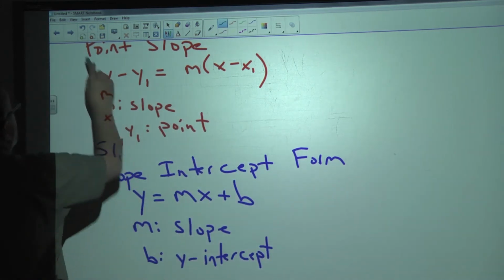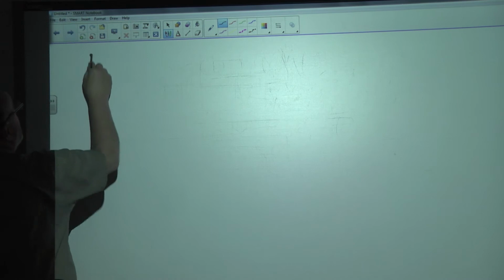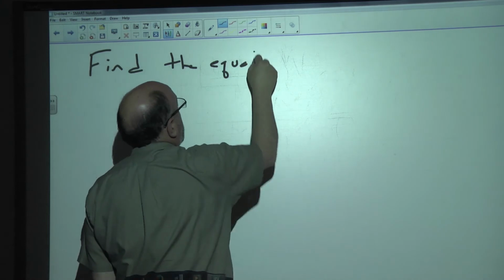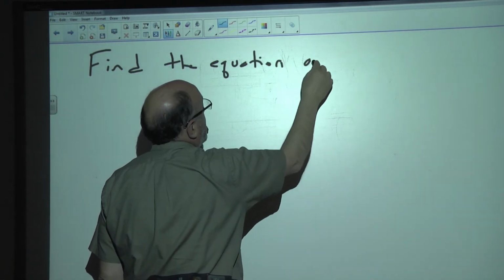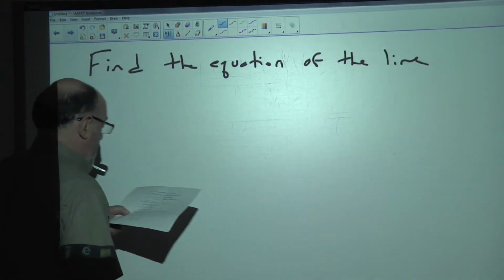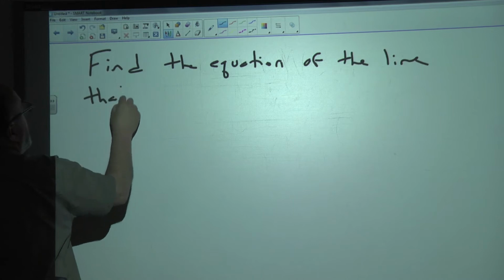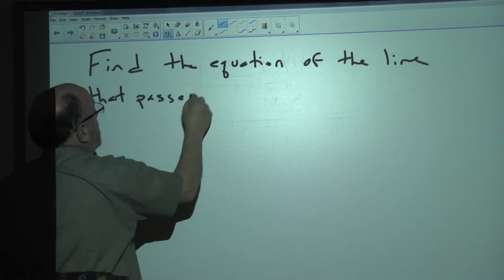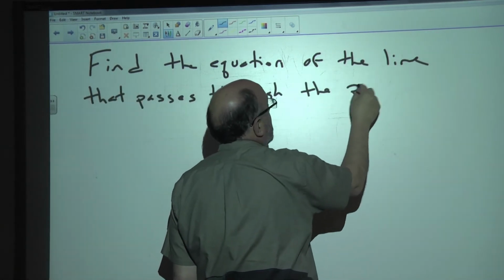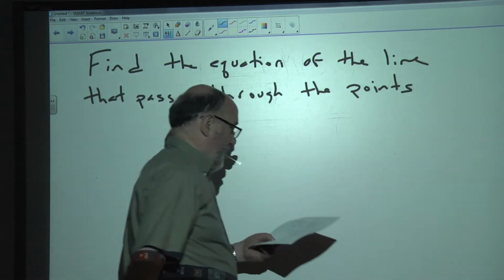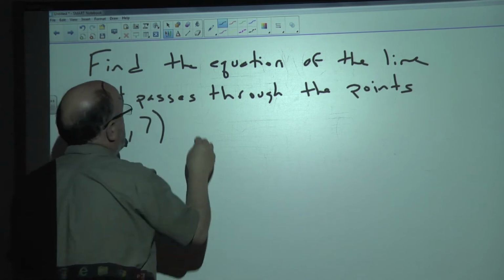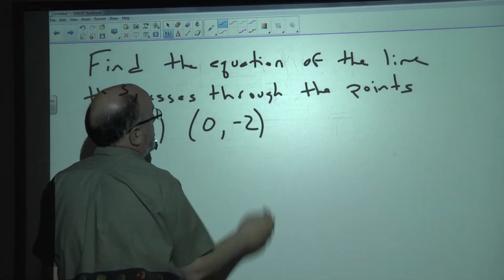So then, for example, given something like this, find the equation of the line that passes through the points 3, 7 and 0, -2.